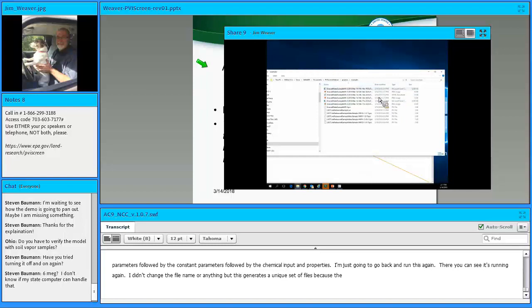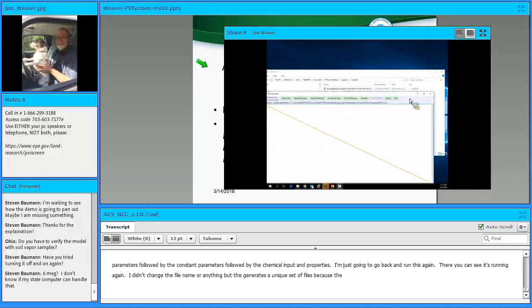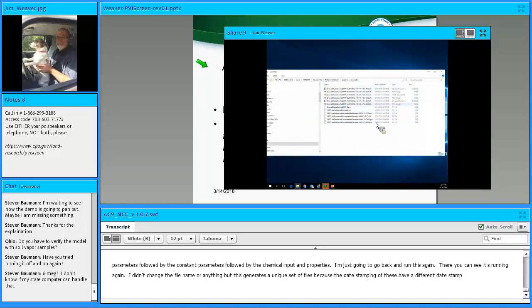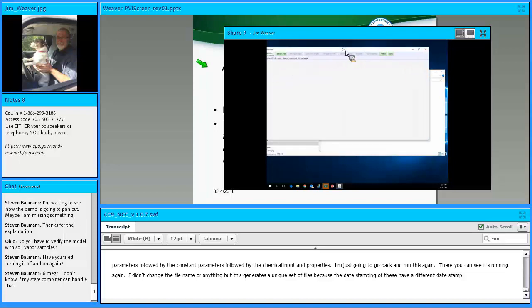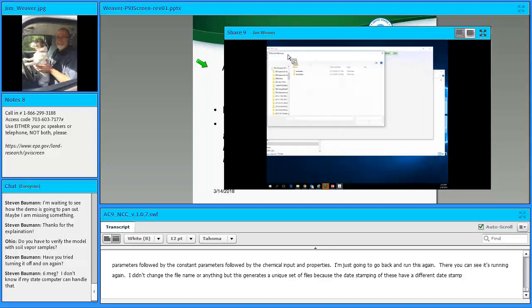So these have a different date stamp. I'm going and picking it again. It didn't display the results like I needed it to.